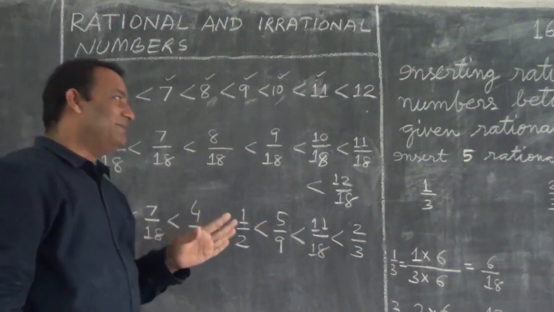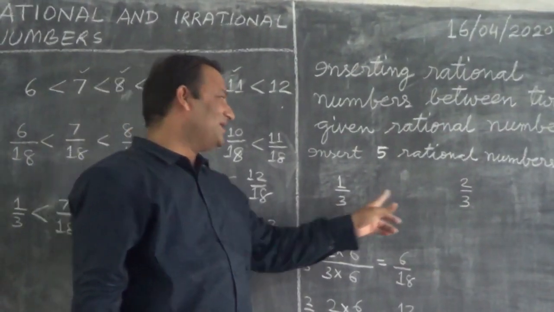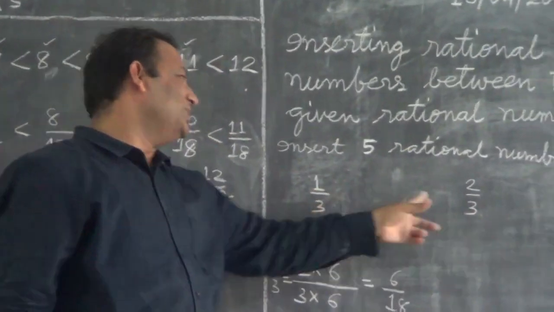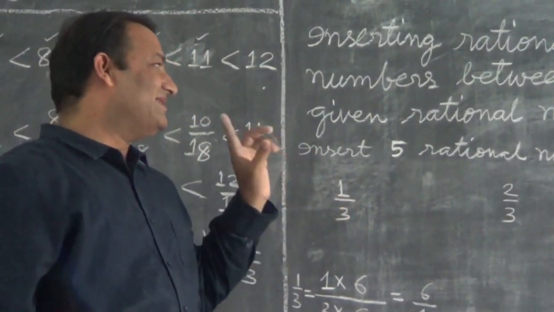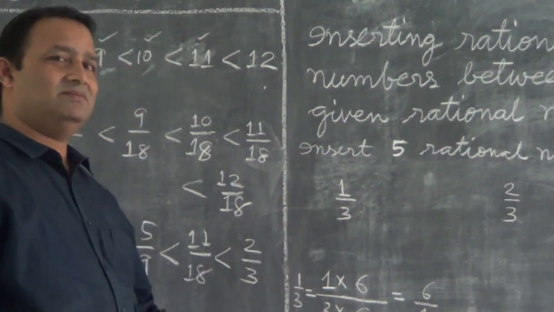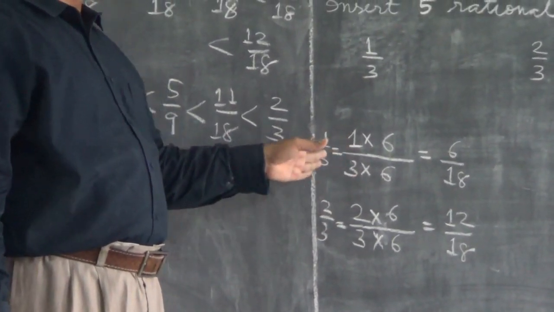So especially remember, when the denominators of these two numbers are same, in that case you go for this method to insert the rational numbers. What to do?